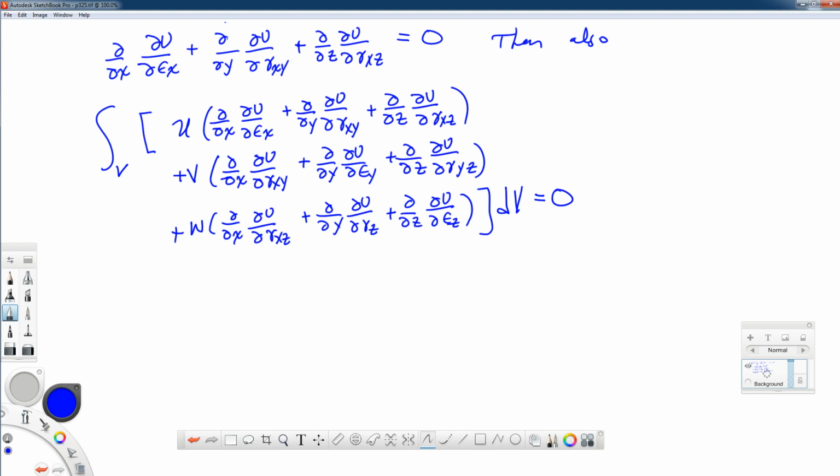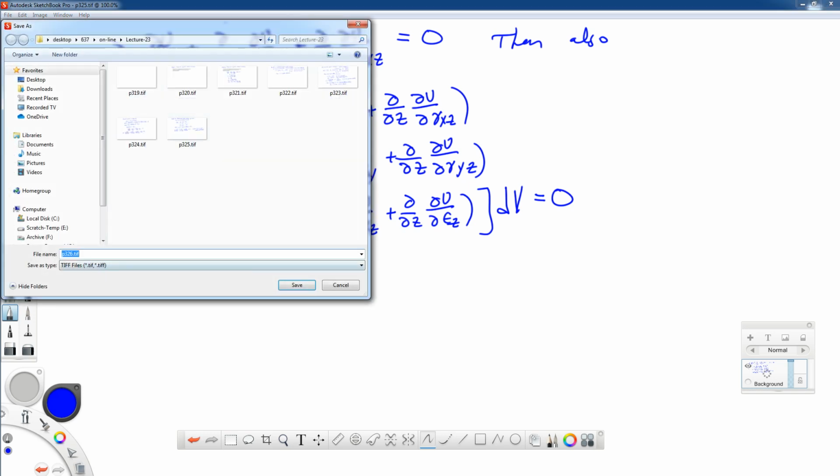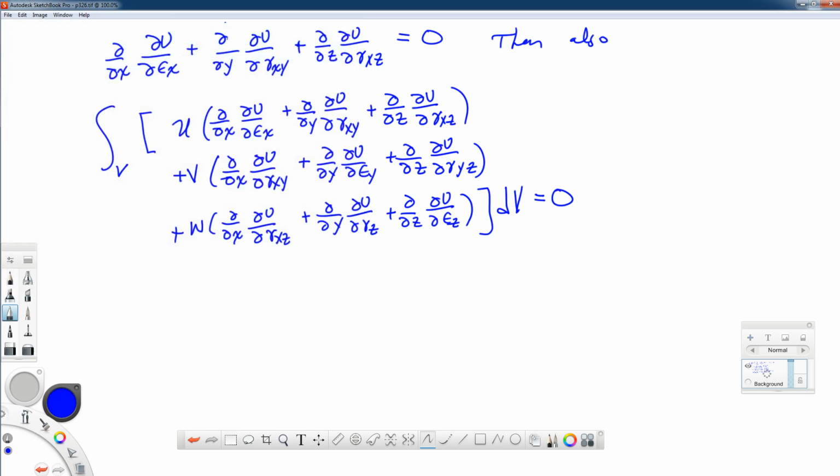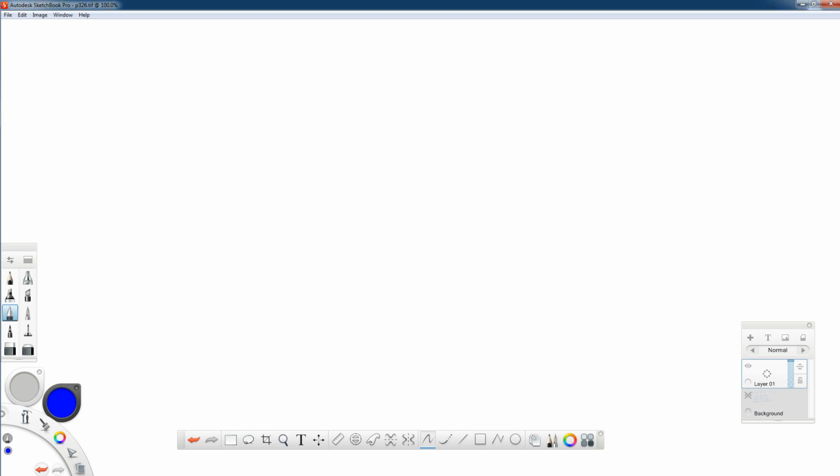Okay, now let's keep that in mind for a moment, and we need to go back and talk about the divergence theorem. In fact, let me just pop open another window here so we can call this back when we need it. All right. So there's different ways to write the divergence theorem. The basic idea is that a divergence theorem can help us transfer volume integrals to surface integrals and so forth.